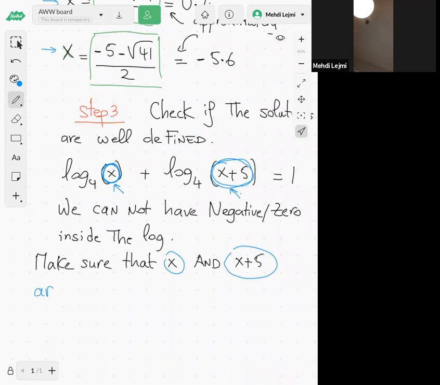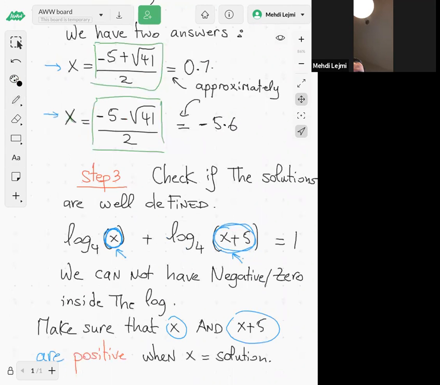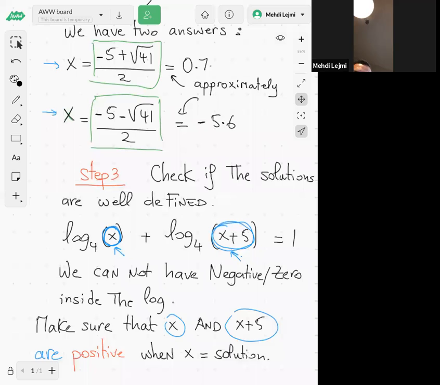Are positive when x is equal to one of the solutions. Right, I got 2 possible solutions. That is -5 plus the square root of 41 over 2, which we said is approximately 0.7, and the second solution, which is approximately negative 5.6.